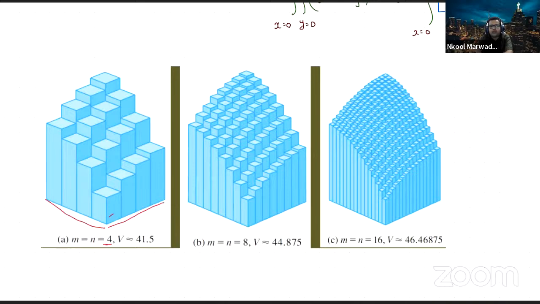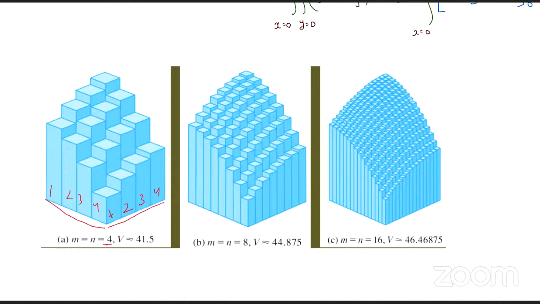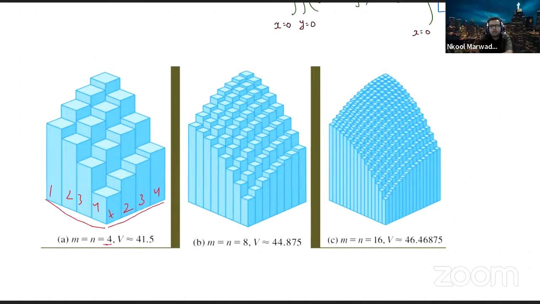Here we have 8: 1, 2, 3, 4, 7, 8. Here also 1, 2, 3, 4, 5, 6. So what we can see is the volume is increasing.